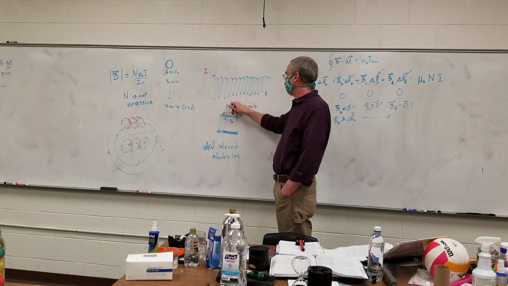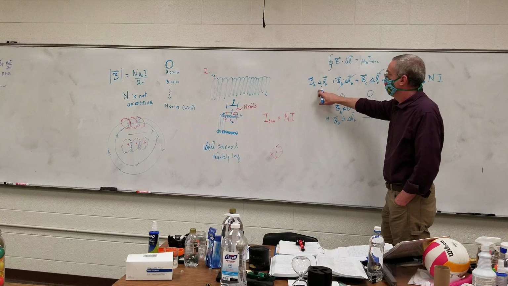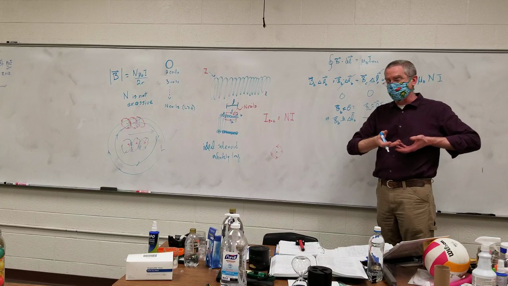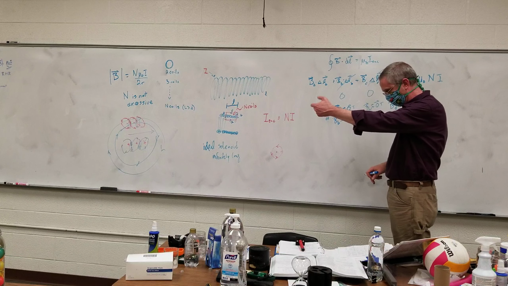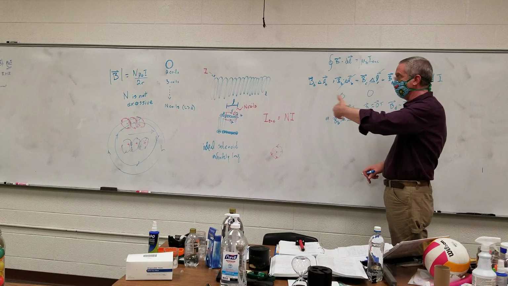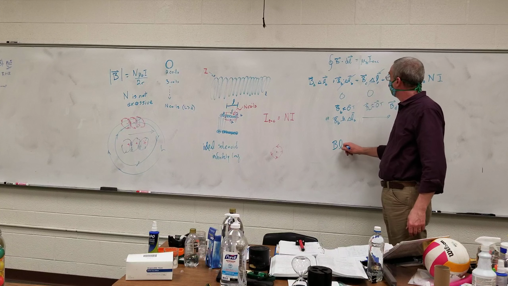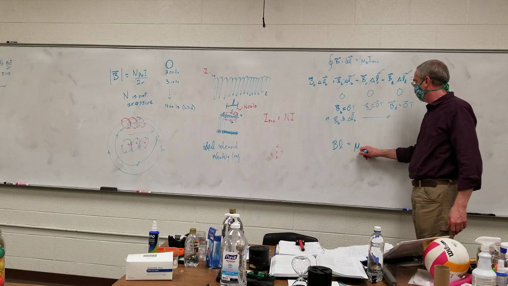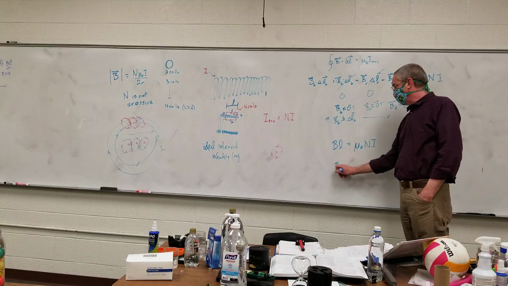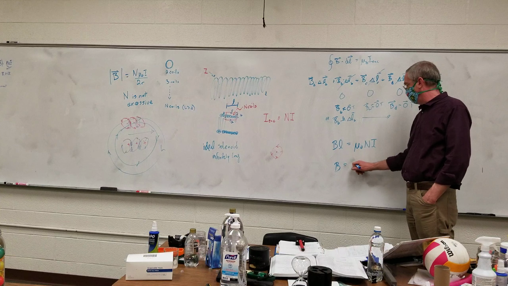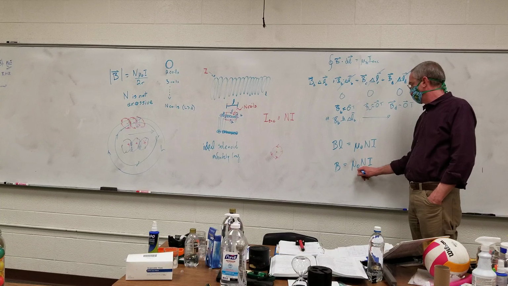Let's do something clever and just say it's some length L. My magnetic field is in the same direction as my loop, as my line integral, the direction I'm going in. And so I'm left with BL is equal to mu naught N times I. And so the magnitude of my magnetic field in the center of a solenoid is mu naught N I over L.